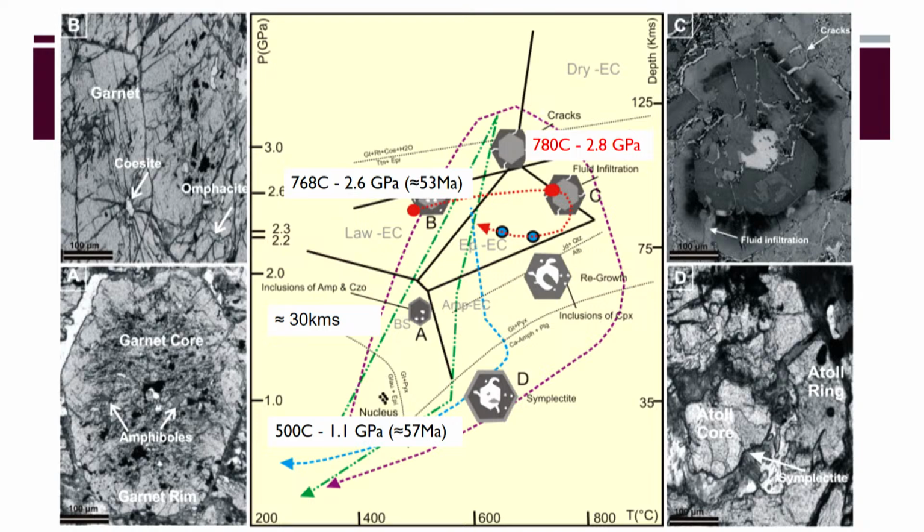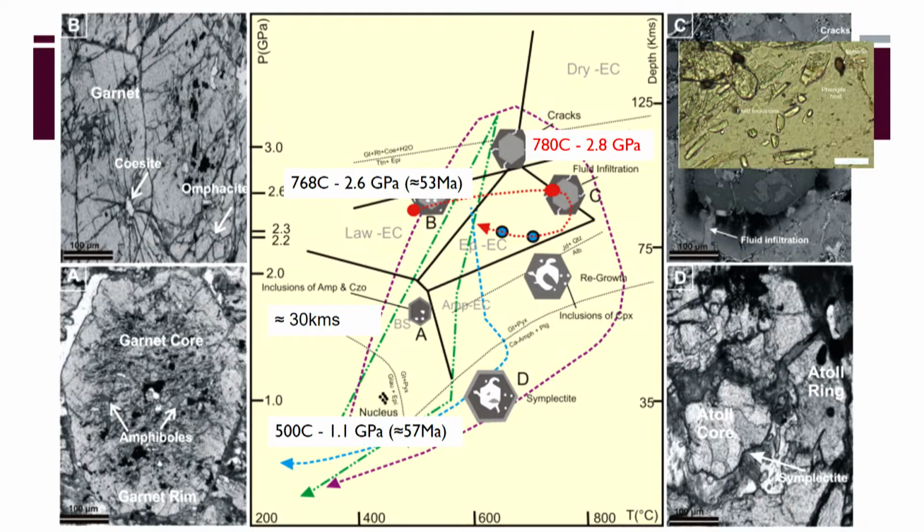In fact, I should update this. But what we realize is that most of the minerals which have OH in their structural setup start to break down, okay, because of the onset of exhumation, and you have a lot of fluid inclusions.